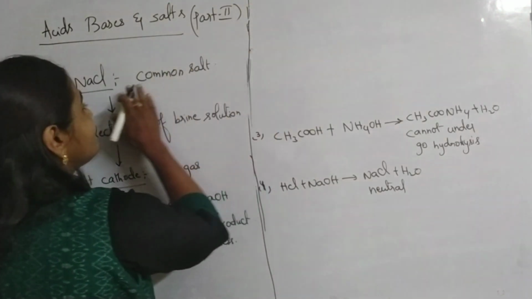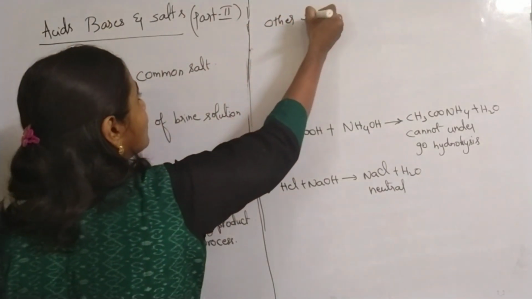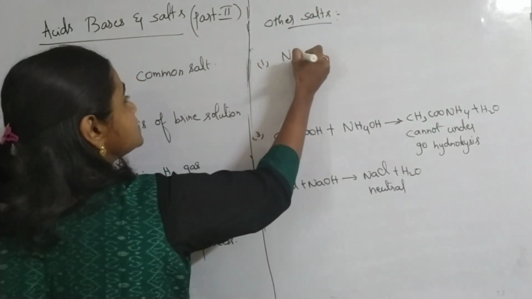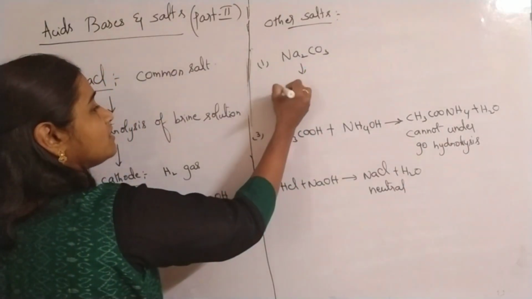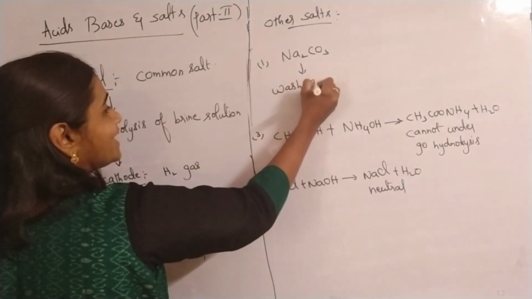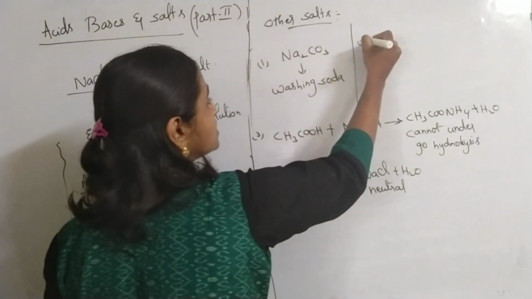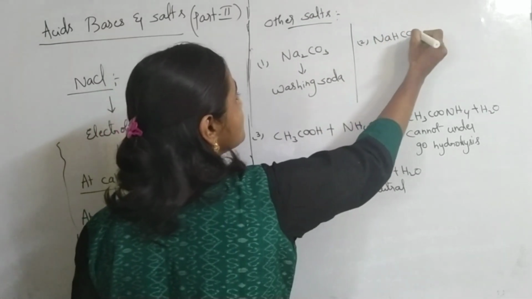Salts obtained from common salt are what? Other salts, if you take, we come across Na2CO3, sodium carbonate, which is called washing soda. The second type of salt you will be getting from sodium is baking soda, NaHCO3.